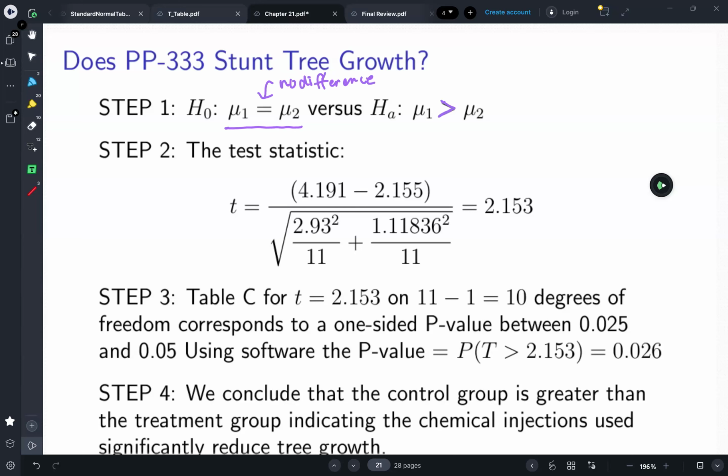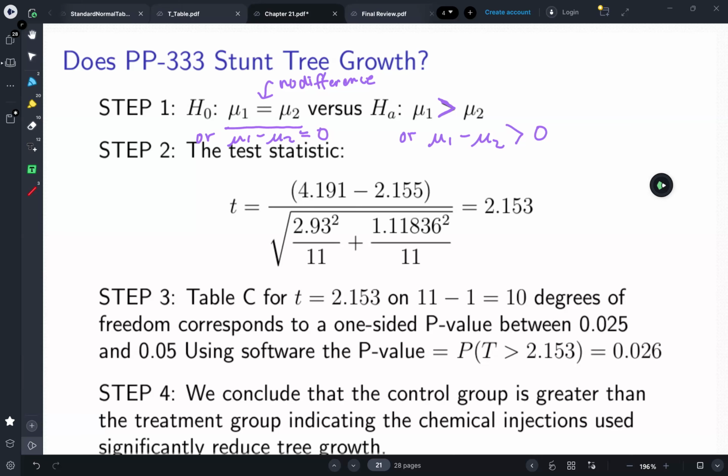The alternative is that the control is greater, or another way to write this is mu1 minus mu2 is greater than 0. And another way to write the null is mu1 minus mu2 is equal to 0. These are just another way to write it. It's just algebra.